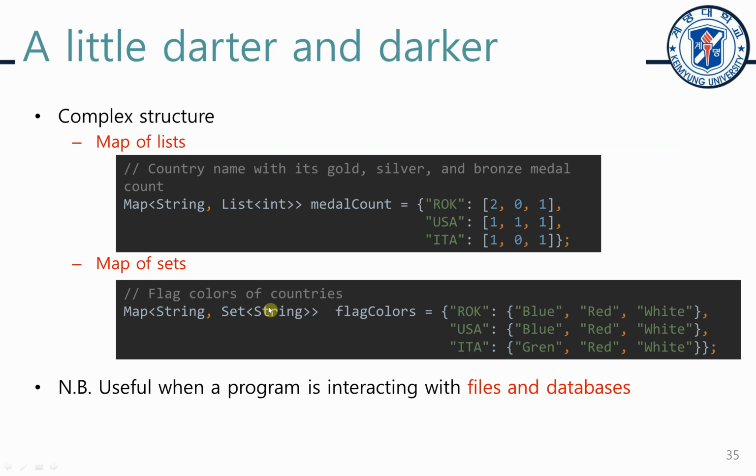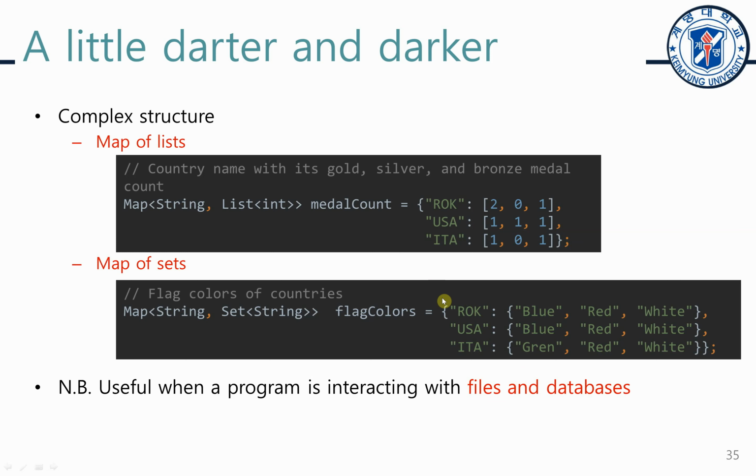So when you work with files and databases, you'll have this kind of complex structure, and when you want to read that complex structure from files and databases, you can create such kind of complex structure.